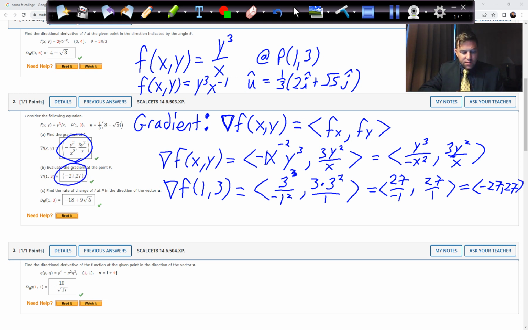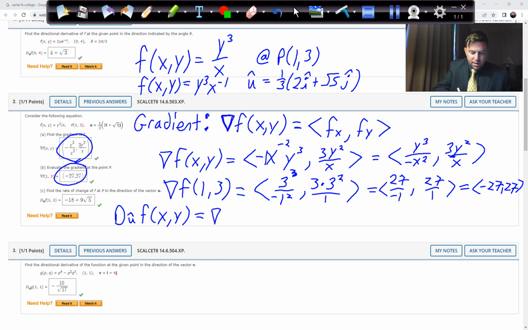Okay, now they want us to find the directional derivative of f in the direction of the vector u. So the way we find that is, so directional derivative, and I should have put a cap on that u. So it's a bold u, it's a unit vector, but I can't do bold really well here, so we put a little arrow on top, of f. I'm going to write this generically, and then we'll substitute the numbers we have.